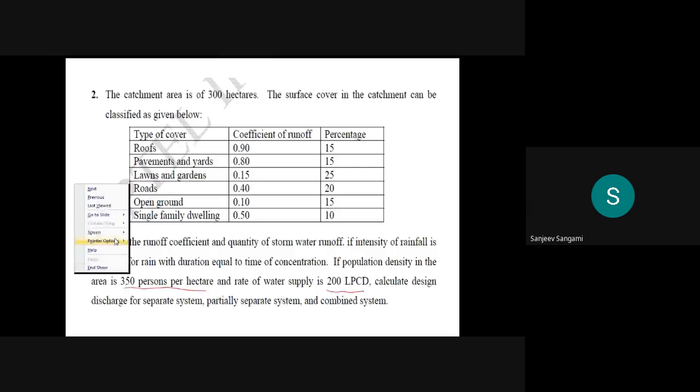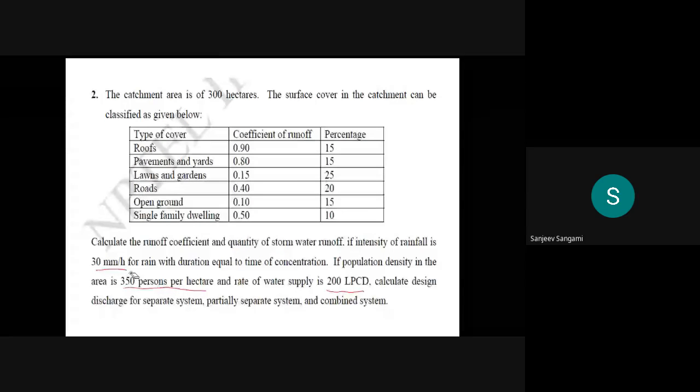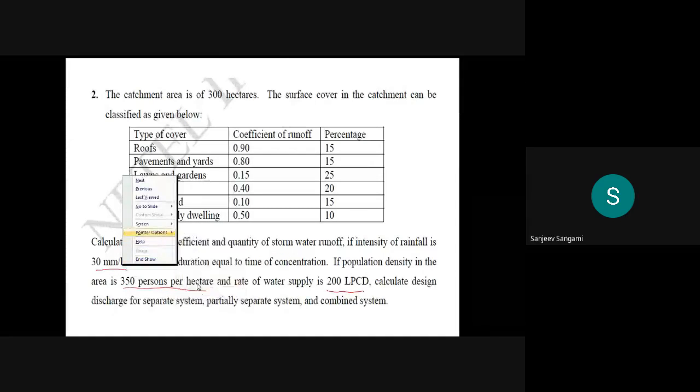Then we'll start with the problem. The catchment area is 300 hectares. The surface cover of the catchment can be classified as given below. Here you can see roofs, pavements and yards, lawns and gardens, roads, open ground, and single family dwellings.